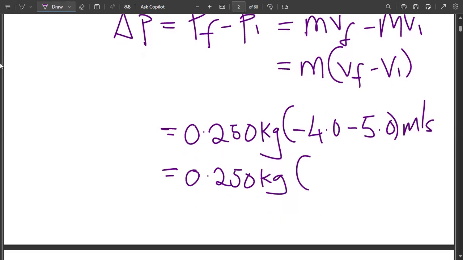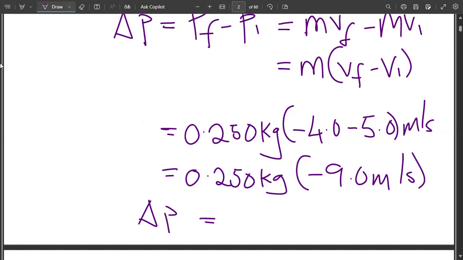In the brackets, negative 4.0 minus 5 is going to give me minus 9.0 meters per second. That means our change in linear momentum is the product of 0.250 kilograms multiplied by negative 9.0 meters per second.